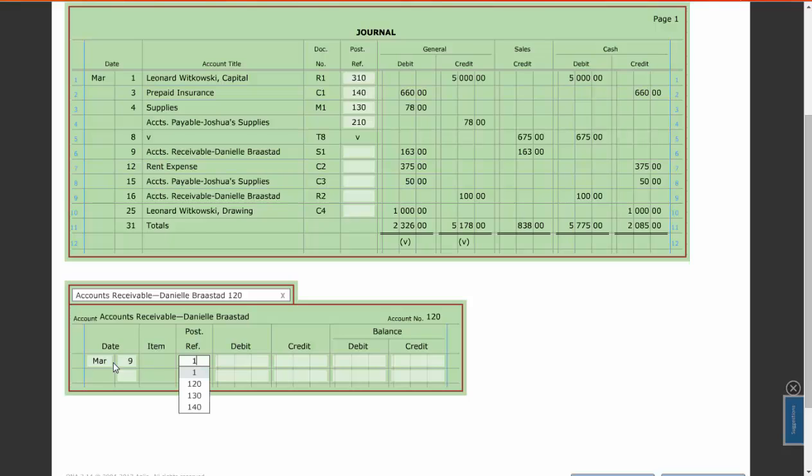Accounts receivable, Danielle Brasted. Kelly, what am I going to be doing with that? 163, excellent. And Marcus, what is my total going to be for this transaction? Why? I agree.